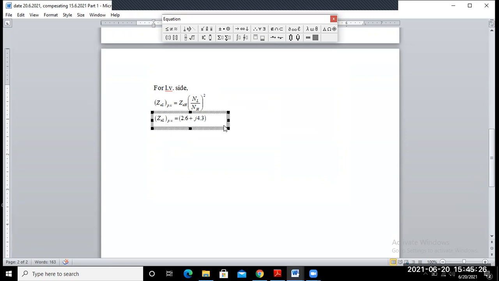That means 1 by 10, and 1 by 10 all to the power square is your 1 by 100.